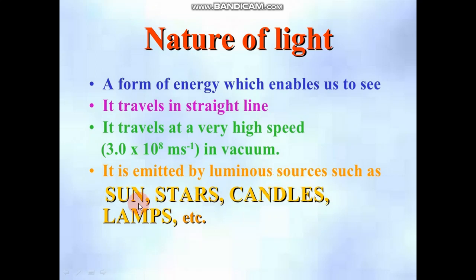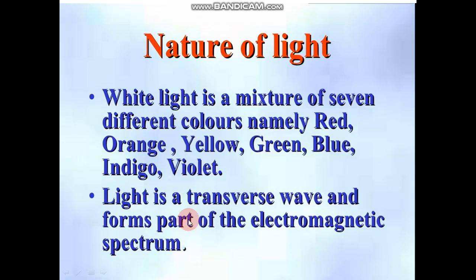White light is a mixture of 7 different colors, namely red, orange, yellow, green, blue, indigo, and violet. Light is a transverse wave and forms part of the electromagnetic spectrum.